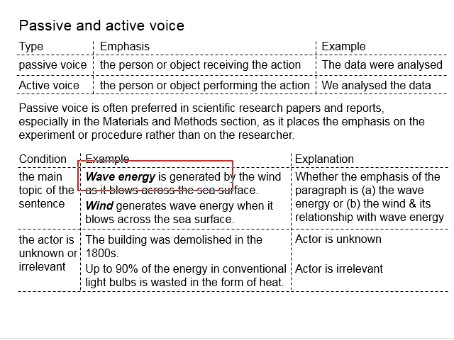When it is written in the passive voice, you are referring to the wave energy. That will be the main theme of your discussions. And when you are constructing the sentence in the active voice, you are referring to the wind.